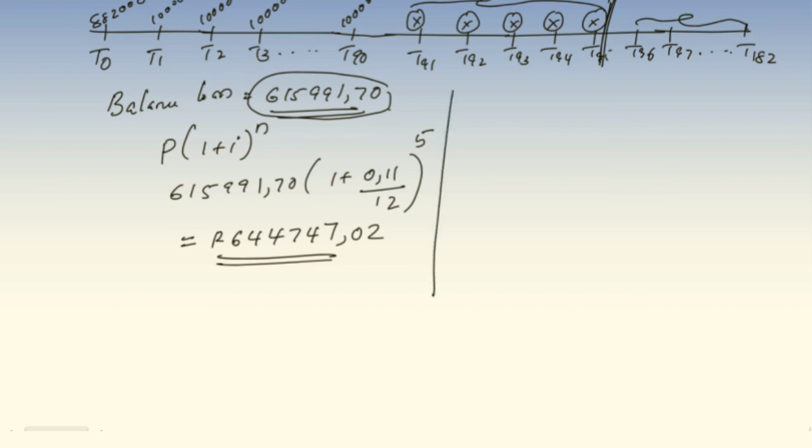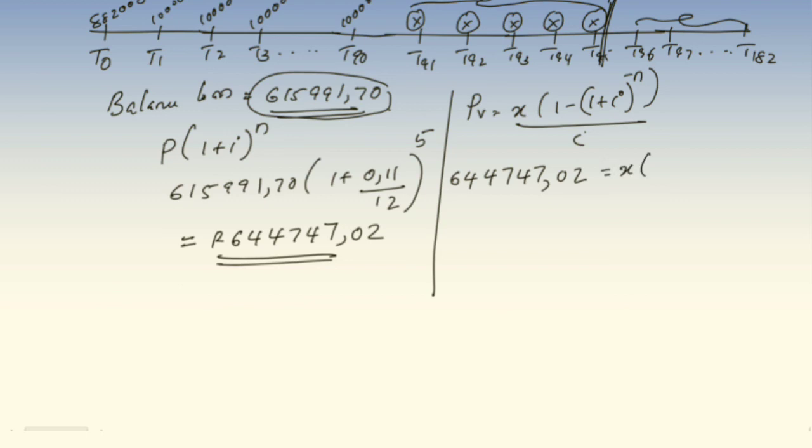Again we are using the PV formula: PV is equal to x times 1 minus 1 plus I to the power minus n, divided by I, where PV is 644,747,02, because after the 95th month he is owing this money to the bank. 1 plus I is 0,11 divided by 12.